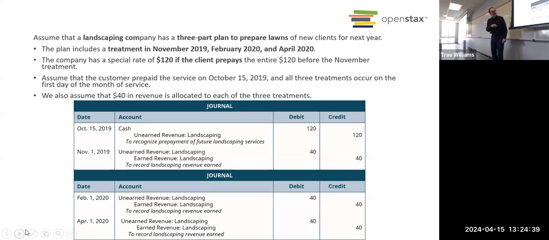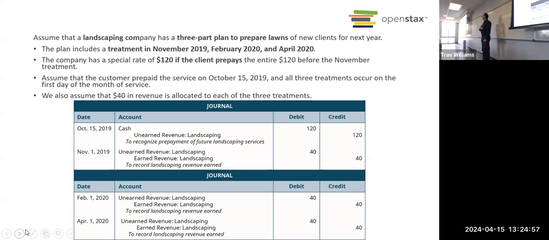Then they come again a couple months later. They do another $40 worth of work. So again, the unearned revenue goes down and they count another $40 worth of revenue. Then they come one more time, another $40 of debit to unearned revenue and credit to revenue.